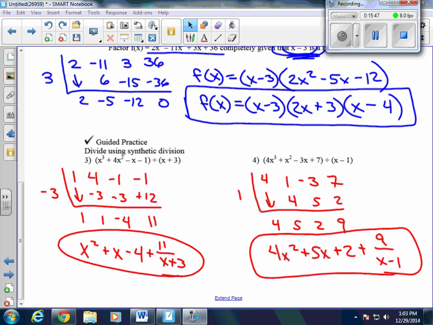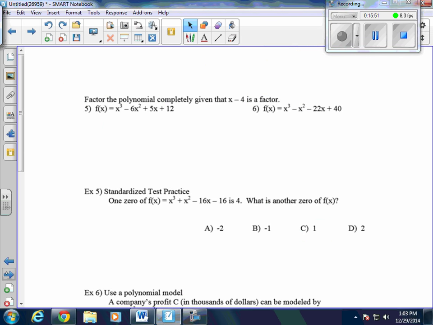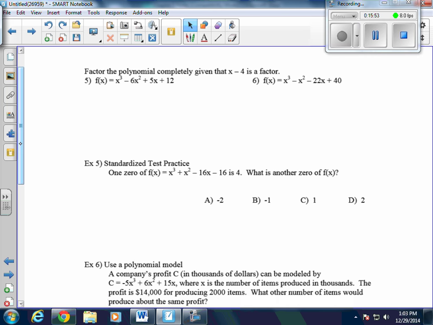All right, so now that we're done with the guided practice questions 3 and 4, let's also look at questions 5 and 6. Now, this time they're telling you that x minus 4 is one of the factors, so we should get a remainder of 0. So they want us to factor these completely. All right, so go ahead and do questions 5 and 6. Pause the video and then hit play when you are ready.